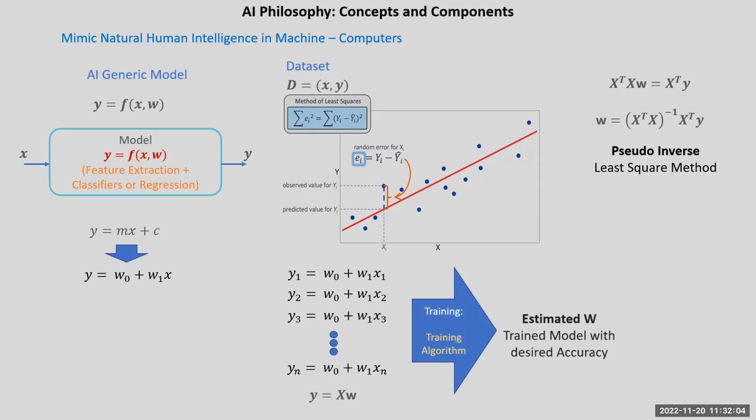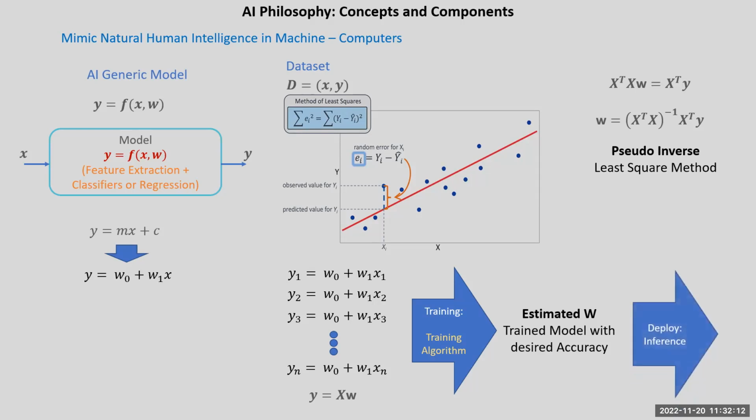Now, once you find out the weights, assuming we know the algorithm to estimate them, and achieve the required accuracy in the model or a desired mean square error, one can deploy this model in a real life application, which is called the inference process.